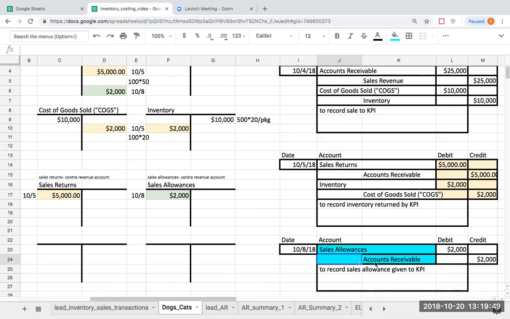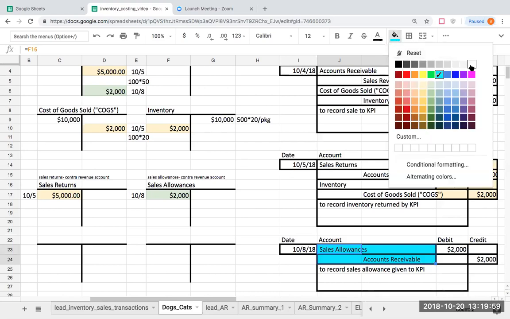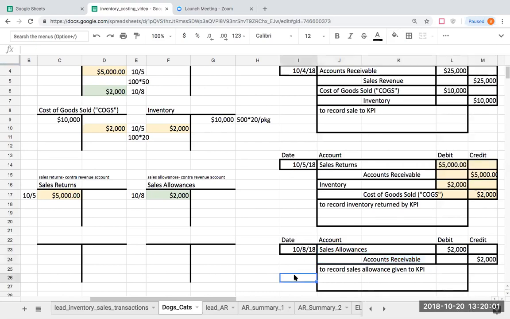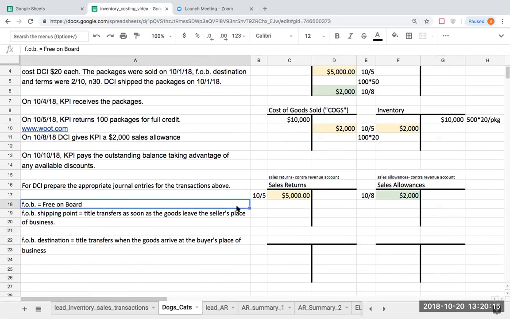Notice sometimes you will see companies combine these. They'll say sales returns and sales allowances, which is fine. I like to separate them out in terms of teaching because they both have different definitions. But the journal entry form that we're going to use to record a sales allowance will never change. So that's what happens on October 8th.